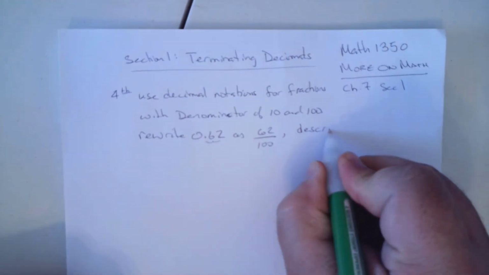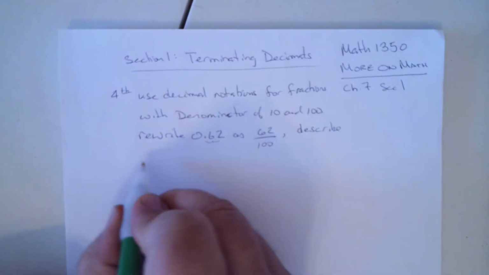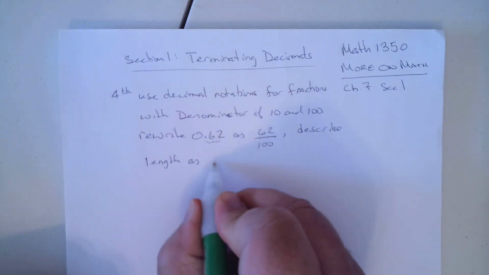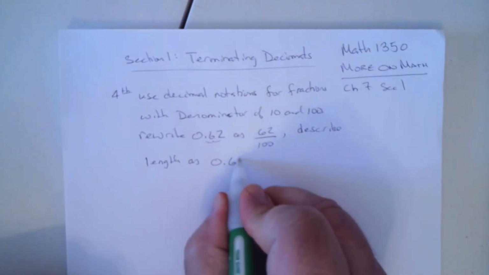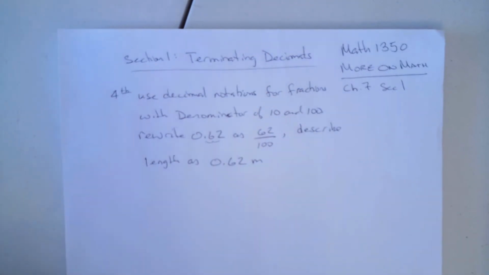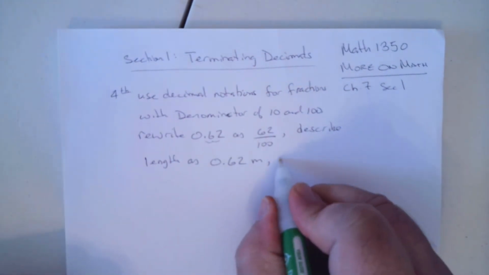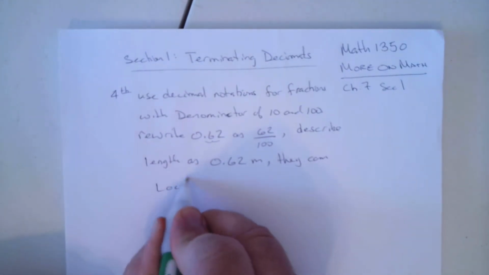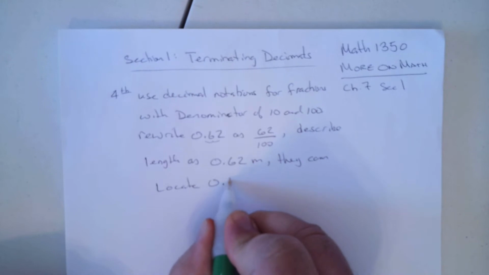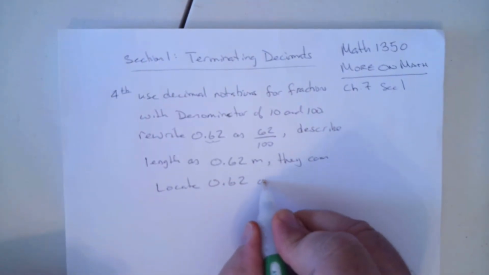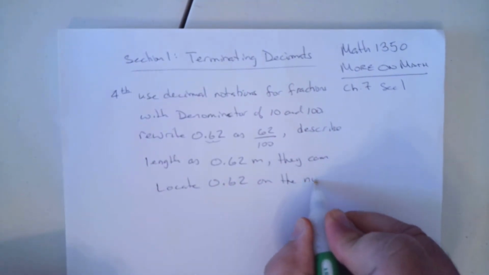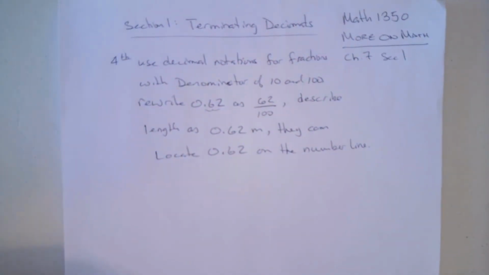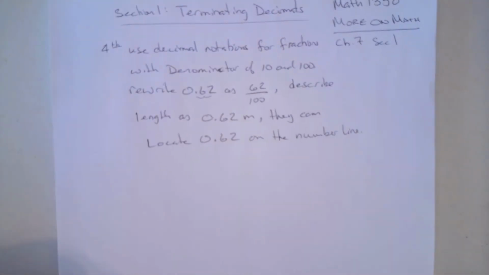They can describe length of an object as a decimal, let's say 0.062 meters. And they can locate 0.62 on the number line. So it's a lot of responsibility for us.